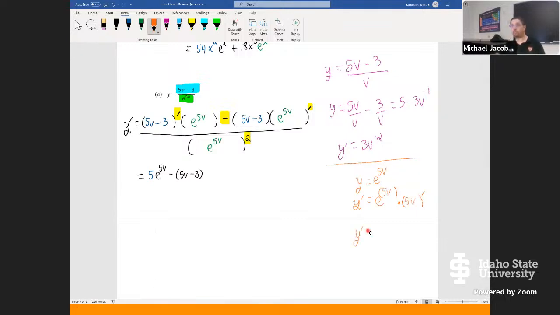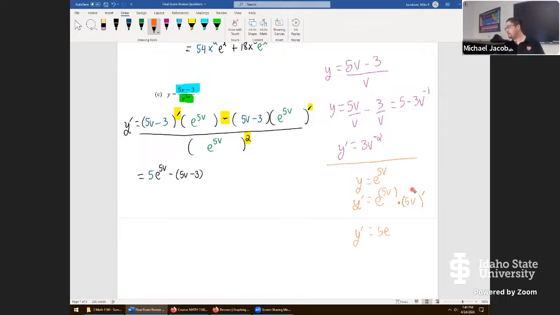So on the next page, we'll have that y prime is equal to 5. That's a derivative from right here. I think it just looks nicer up in front, so I moved it up in front, times e to the power 5v. So back up here, following this work, it just tells us that that is 5e to the power 5v.